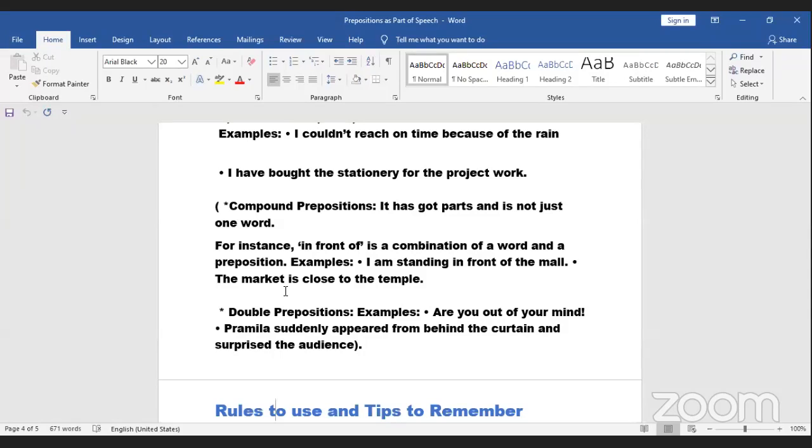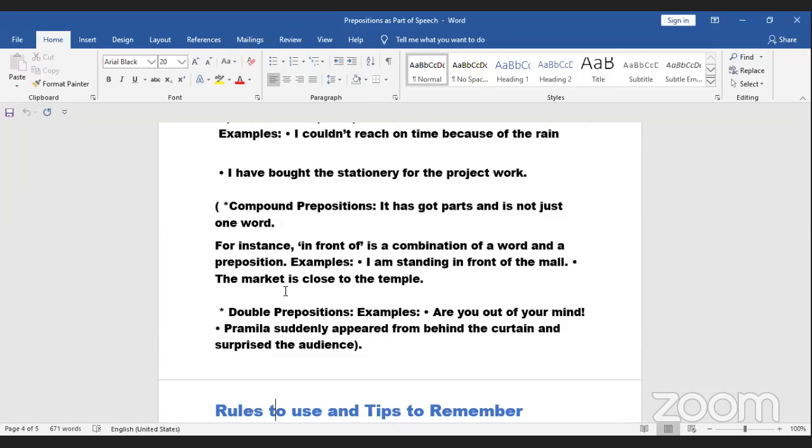Now for compound prepositions, there are two possibilities: either a plain word with a preposition word, or two prepositions themselves. So the first possibility is some plain word with a preposition, and those two words function as a preposition.